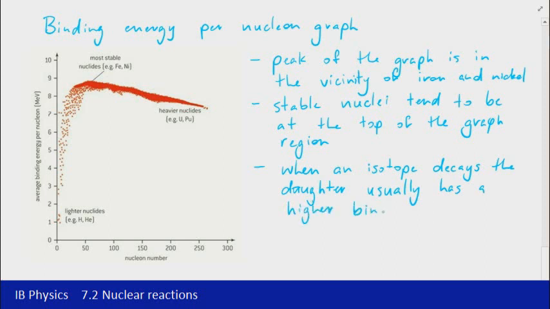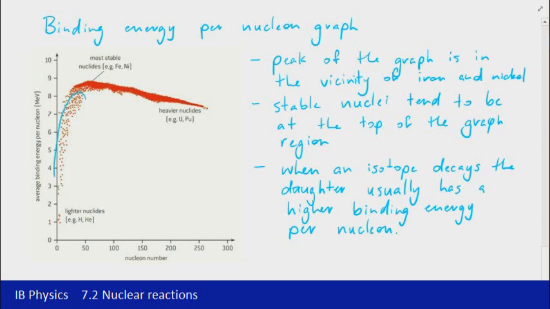It doesn't necessarily mean it has become stable, just means that it's more stable, and as we saw, we usually have a chain of decays that would occur from an unstable nucleus, and so let's say we had an unstable nucleus here. As it goes through that chain of decay, it's sort of gradually going to move up and to the left, particularly if it's alpha decay, but ultimately the end product will be somewhere close to the top of that region there that we can see.